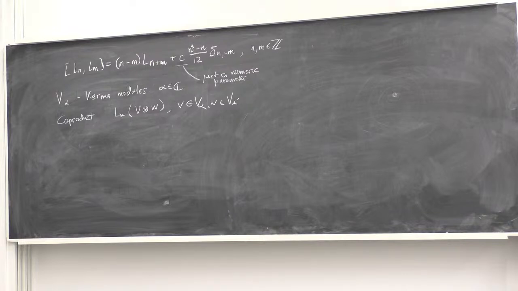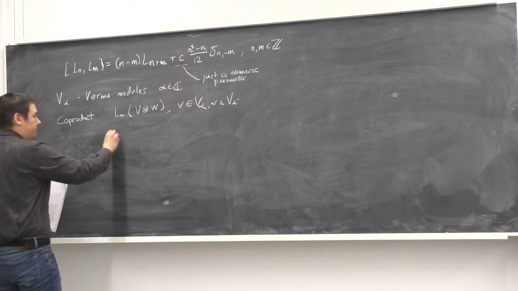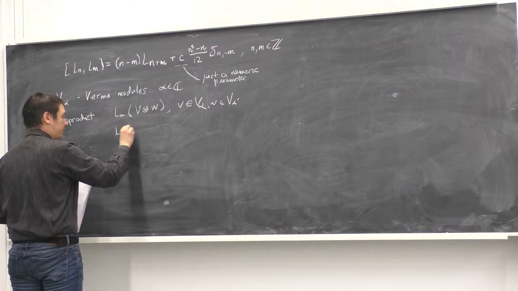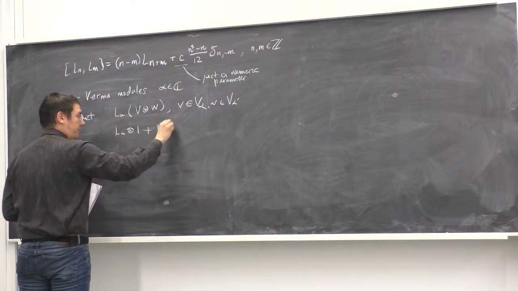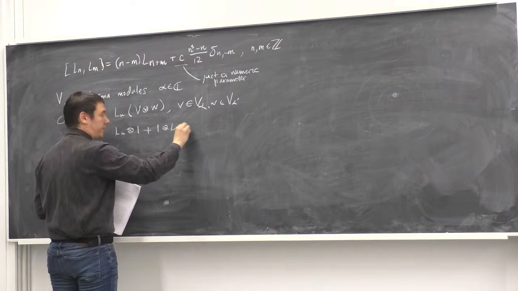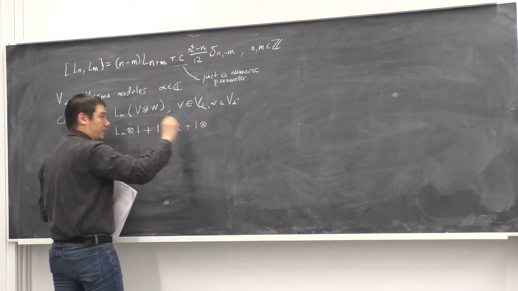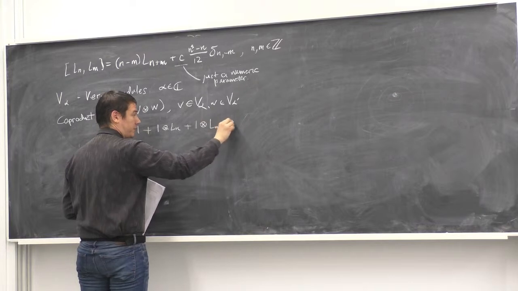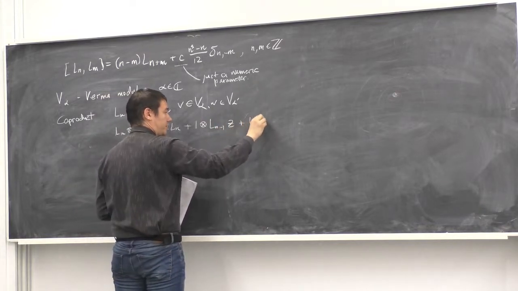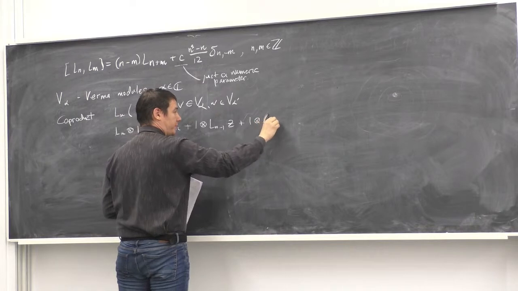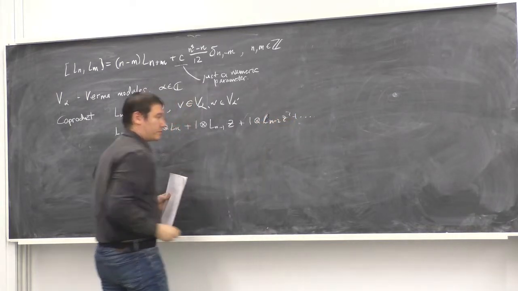Is it difficult to write down this expression for the action? No, not really. I wouldn't attempt it because I don't remember it off the top of my head, but it's very simple. It's something like L_n tensor 1 plus 1 tensor L_n, except here we have corrections. So the form 1 tensor, say L_{n-1} tensor z plus 1 tensor L_{n-2} z squared plus so on.